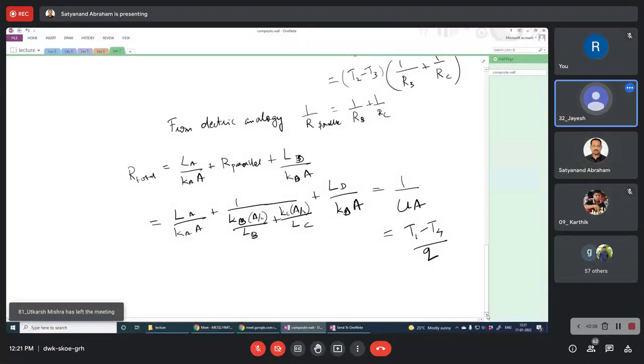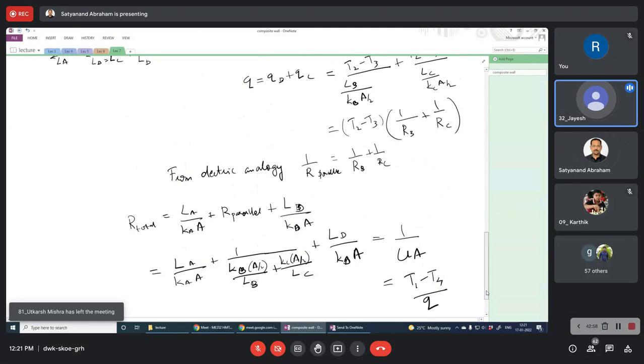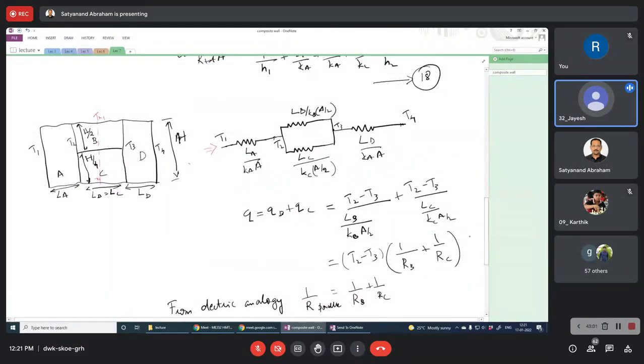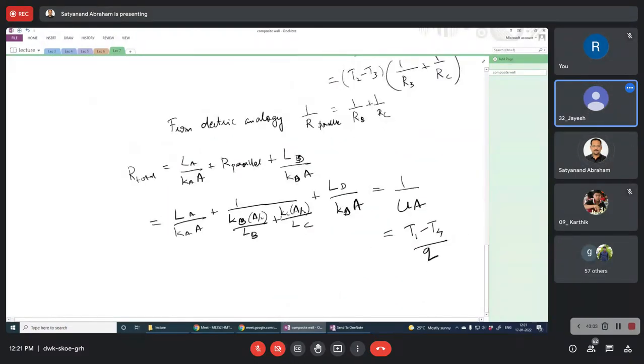Sir, for B and C, it is not like 1 upon KB, in the last equation. You have written 1 by actually RB plus RC, no, sir. This is 1 by R parallel. So what we are writing is 1 by RB.